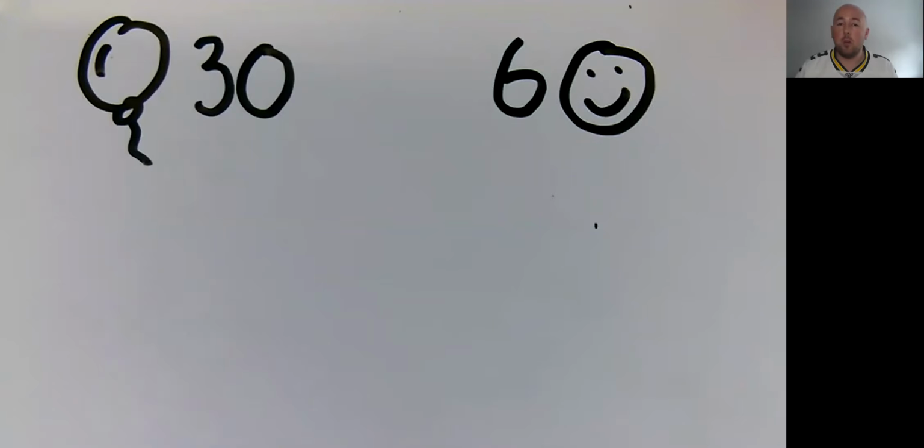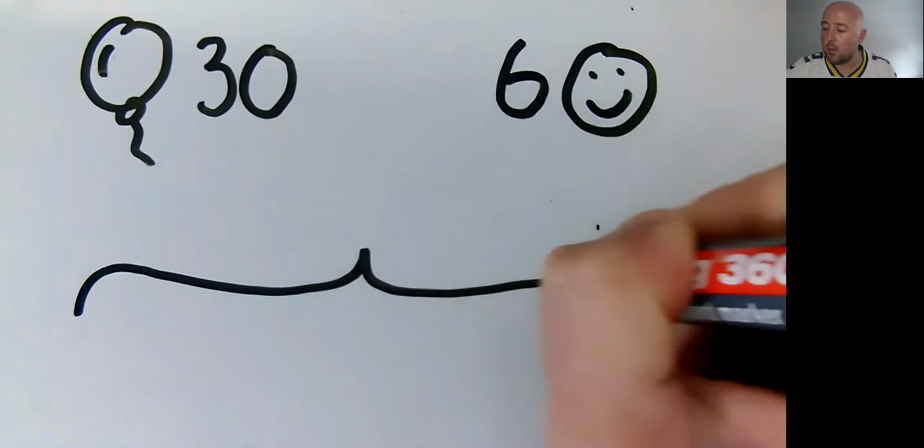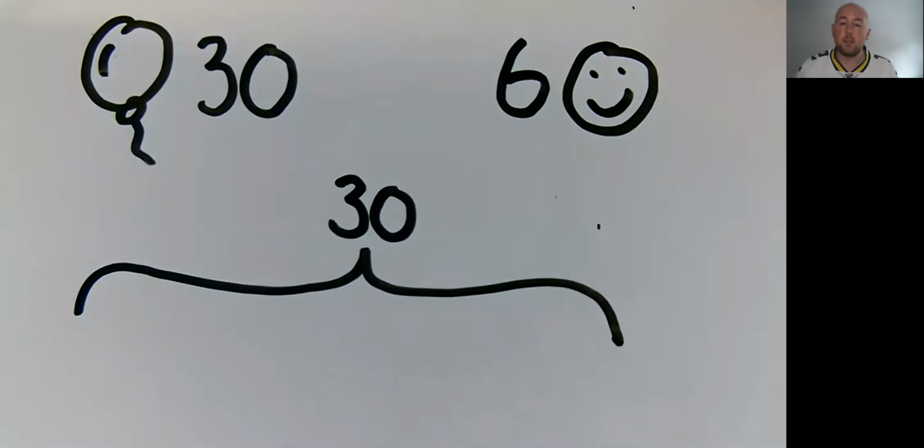So what do we know? We know that there are 30 balloons in total. So we can show that using our brackets. So the total number of balloons is 30. What else do we know? We know that one friend will get 6 balloons.